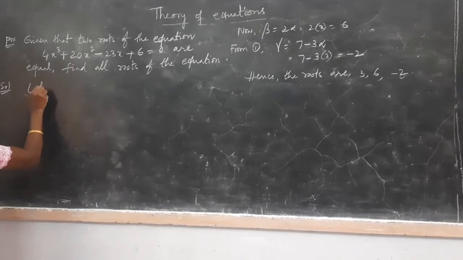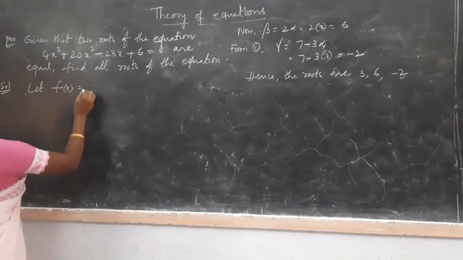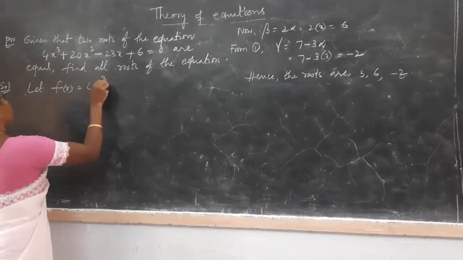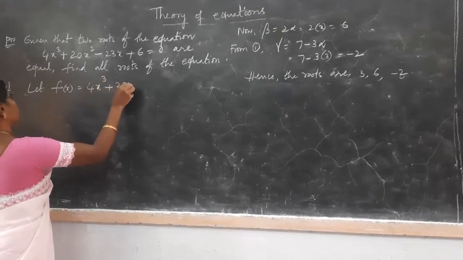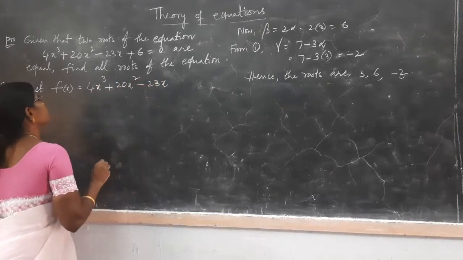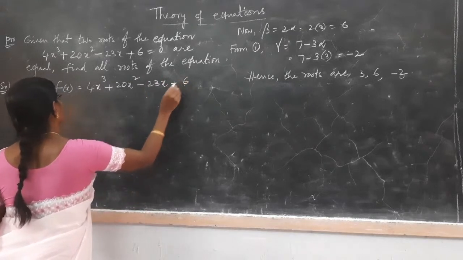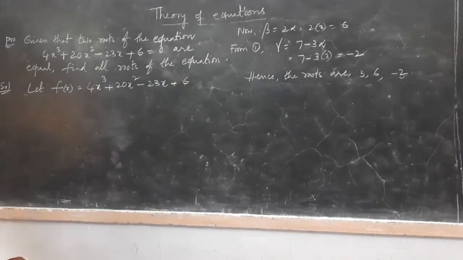Let the given equation be f(x) equal to 0. We should always take it as f(x). Let f(x) is equal to 4x cube plus 20x square minus 23x plus 6.